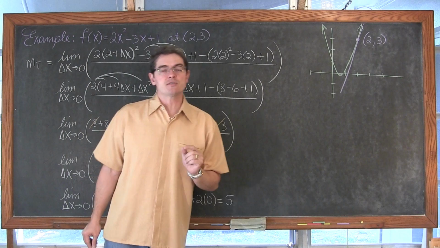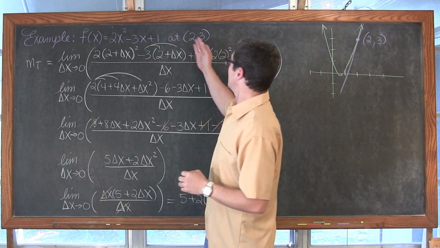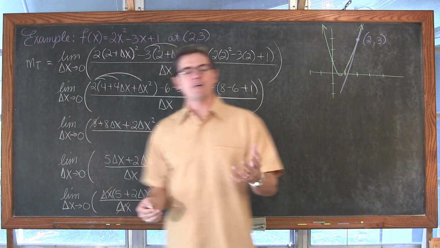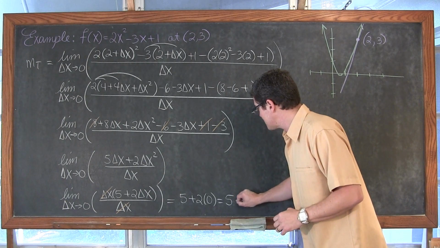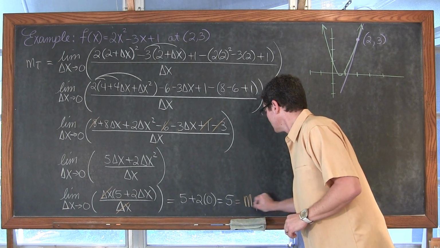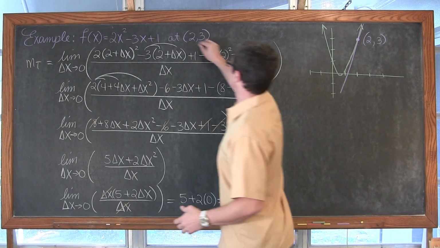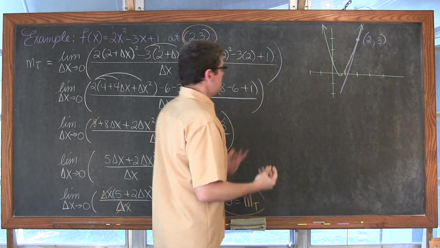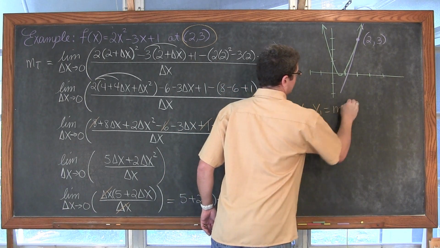Now, if you're being asked to find something more than just the slope at this particular point of 2, 3, but actually find the equation of the tangent line, well, you've been finding equations of lines since, you know, pre-algebra or maybe algebra 1. You have a point, 2, 3, and a slope of 5, so you can just plug into your point slope form.